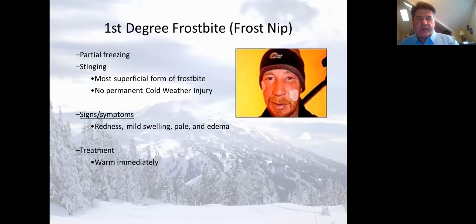There's a partial freezing of the skin. It's the very most superficial form of frostbite. There's really no permanent cold weather injury there. You get redness, mild swelling. The skin can pale. As you can see, this patient's cheeks are paled right there. And there's a little bit of swelling or edema. Treatment is simply to warm.